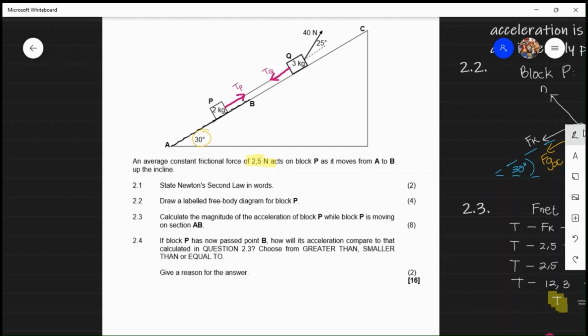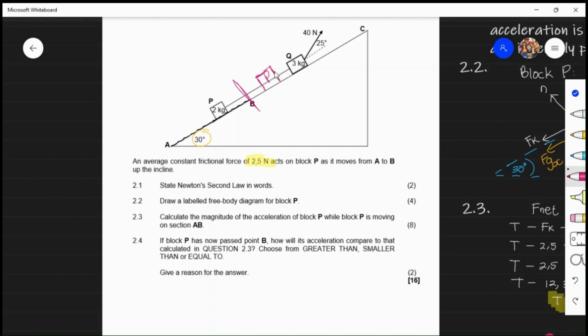So basically, what is happening is our block P has now passed point B. So it's past this point, and we now have block P in the frictionless area. So this is now block P. It's now on the frictionless surface BC.